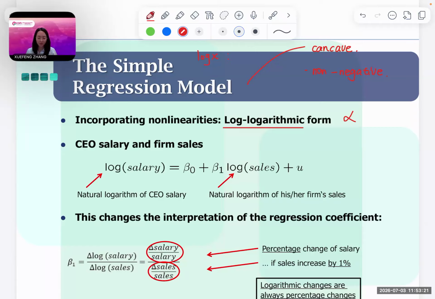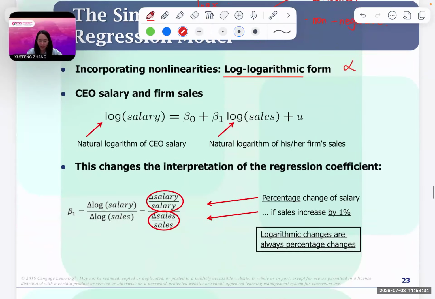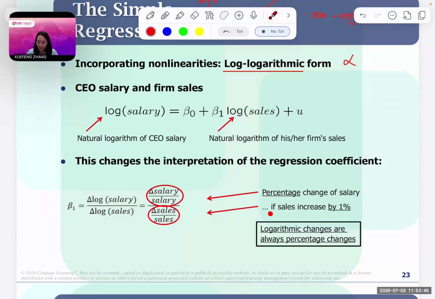If we take the natural log, we just avoid the negative values, okay? This is very useful and practical when we do empirical research. So of course, that's going to change the interpretation of the regression coefficient as well. Here it means that if sales increase by 1%, how much will y increase, okay? How many percentage change of salary?